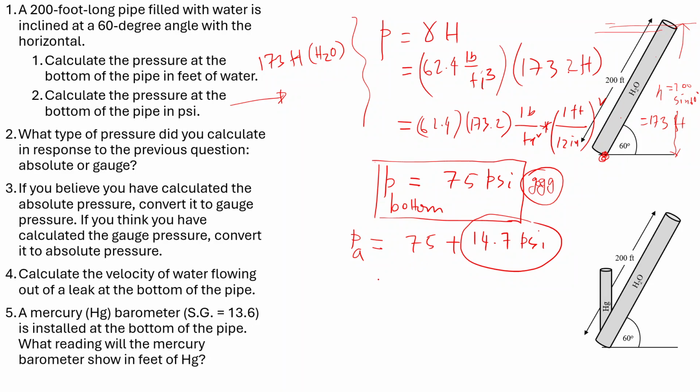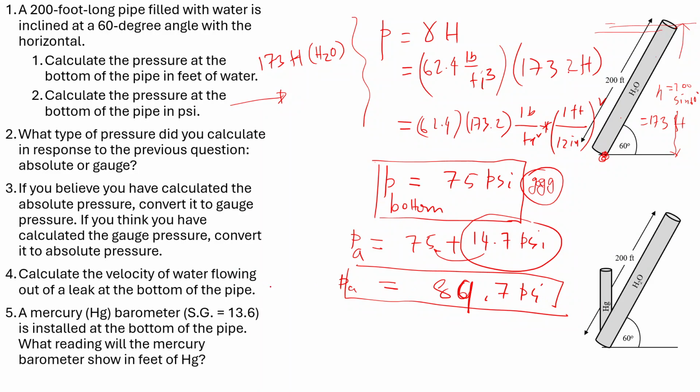There is a video on how this 14.7 is developed. So the absolute pressure would be simply adding these two numbers, which is 86.7. Well, no, that's going to be 89.7 psi absolute pressure.